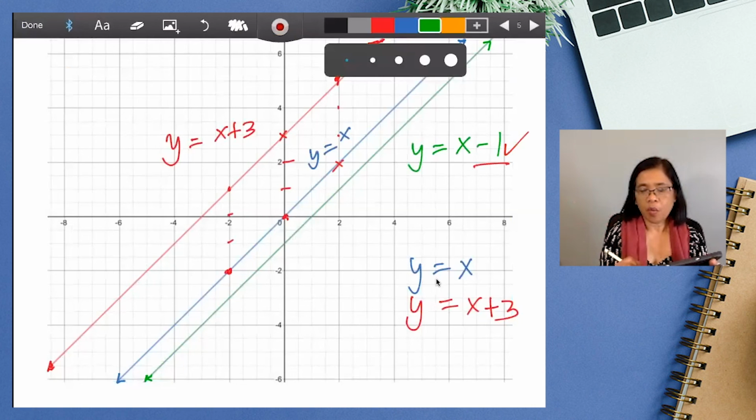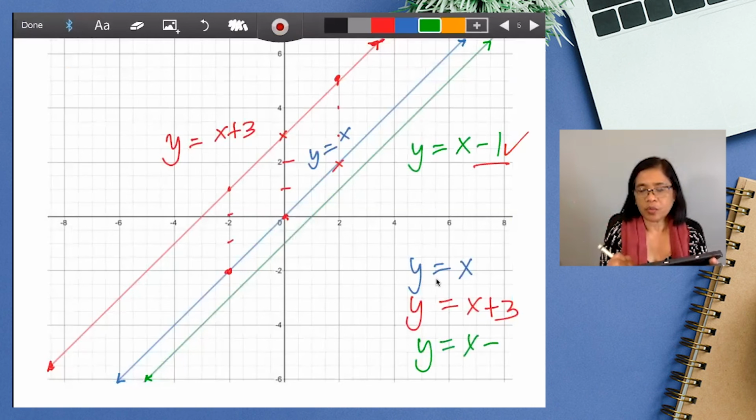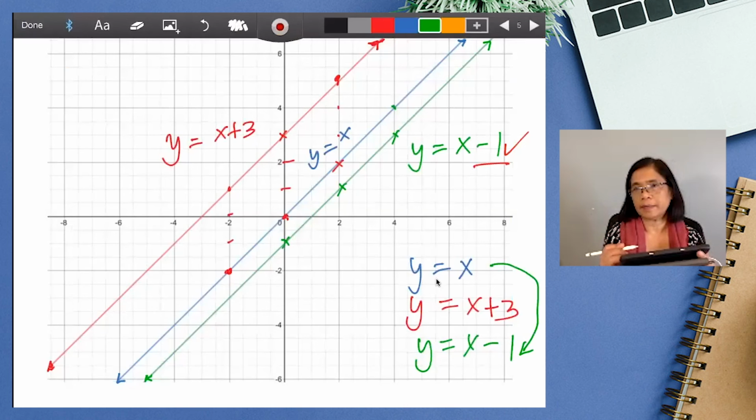That is your y equals x minus 1. See the transformation from y equals x to y equals x minus 1. That means move each point on the blue line 1 unit downwards. This blue line moves 1 unit down onto the green line.